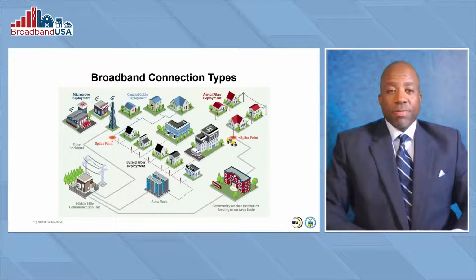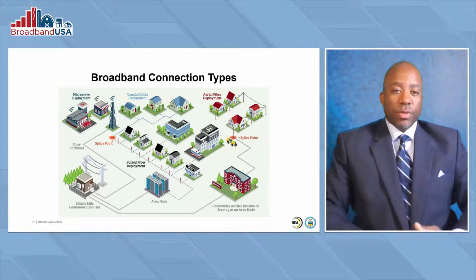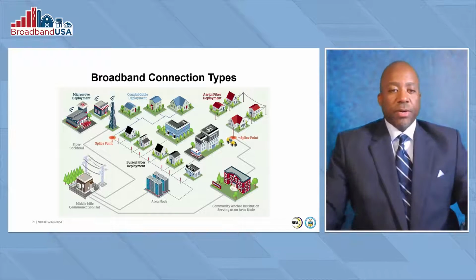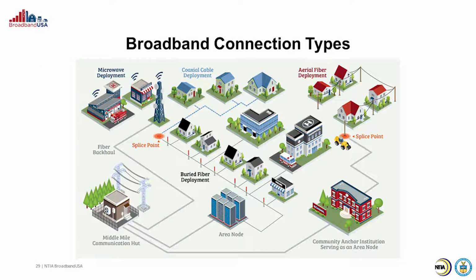So this next slide provides a picture of various broadband connection types. Up in the upper left here, you have microwave deployment that we talked about in the previous slide. Again, facilitated primarily by towers and businesses, and they'll have equipment hanging from them that transmit those signals to end users that have receiving equipment on their buildings or inside that will utilize those frequencies and provide access to the internet.